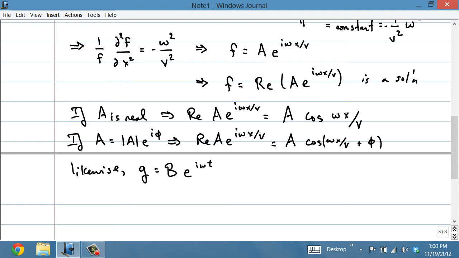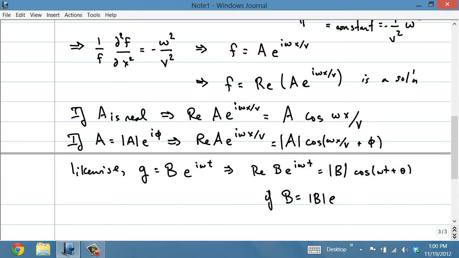It's exactly the same as a frequency. So for example, the real part of B e to the i omega t would be the absolute value of B times cosine omega t plus theta, if we take B to be some complex number whose phase is equal to theta.